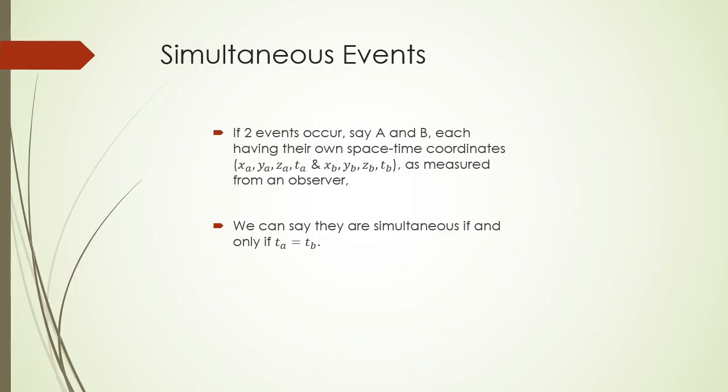So let's say I have an observer and two events happen, like two explosions. They each have their own space-time coordinates. If they happen one after another, TA should be smaller than TB. Now, we can say that they are simultaneous if TA equals TB. That means if the two timings match, they occur at the same time, obviously. It's like a tautology.